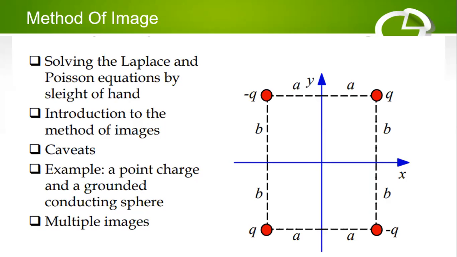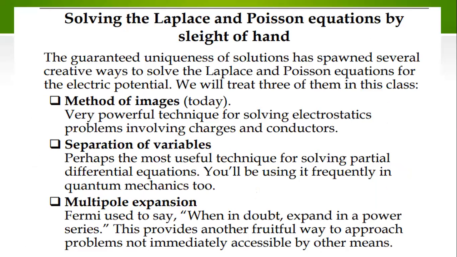Okay, so the method of image we will do for multiple images or for one image or for two images and so on. So we are moving ahead. The first thing which we will discuss is solving the Laplace and Poisson equations by sleight of hand. Sleight of hand means with ease, means the easiest way. So if we want to solve Laplace and Poisson equation, we talk about the boundary conditions.